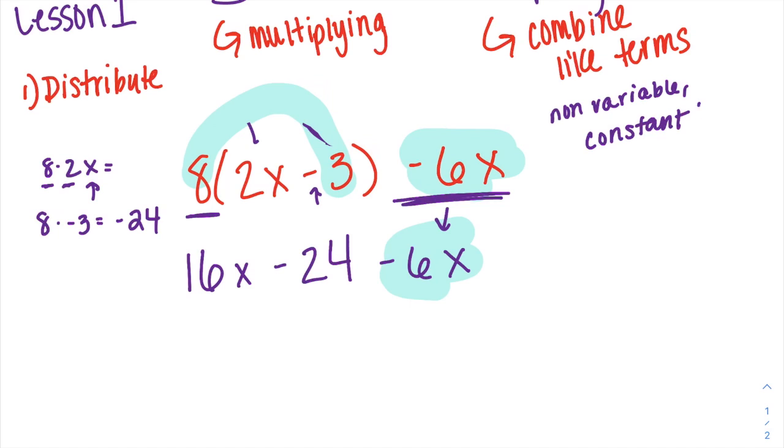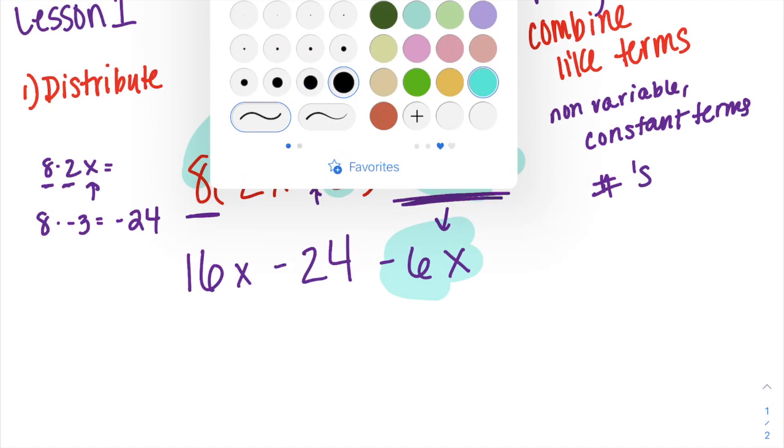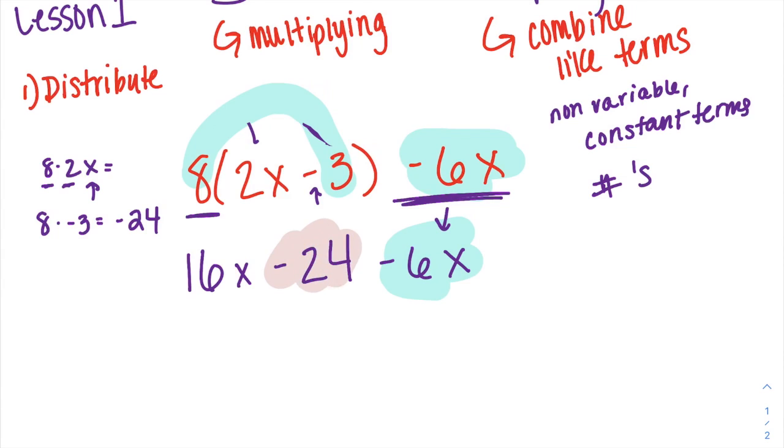Those are also known as numbers, just plain numbers, so no variables or anything. The only term that we have that looks like that is this minus 24. There are no other terms that are just numbers that don't have a variable attached to it.